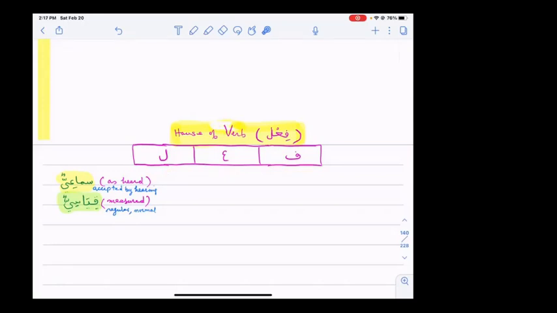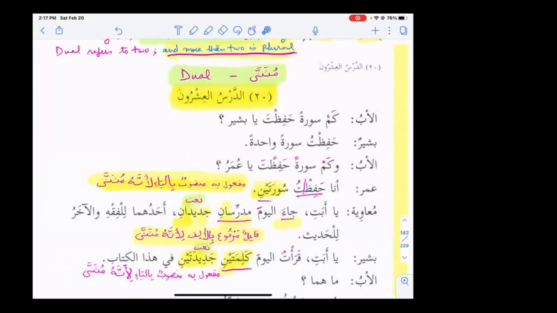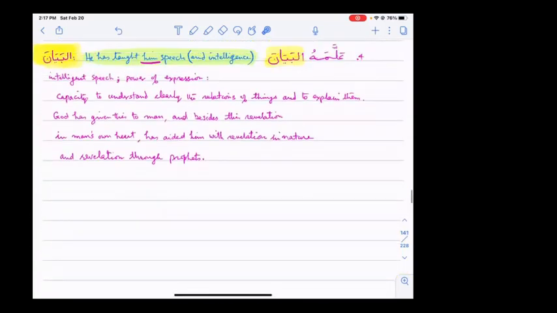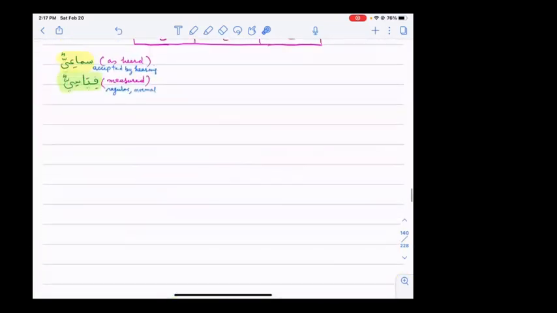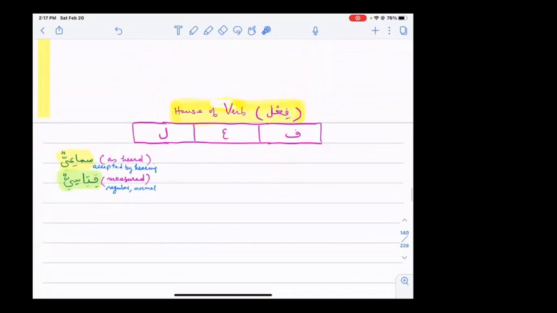The scholars define that fa, ain, lam is the root of the verb. So we can say fa kalima, ain kalima, and lam kalima. This should be fixed in our mind. You will love everything that I'm showing you today. I'll also show you a verse of the Quran.